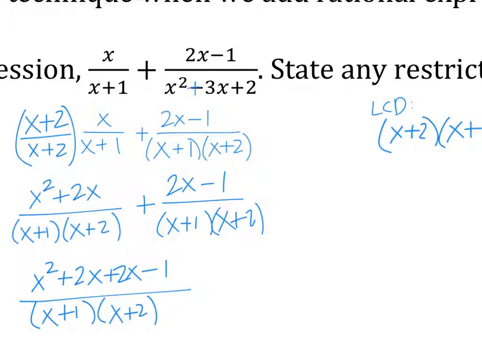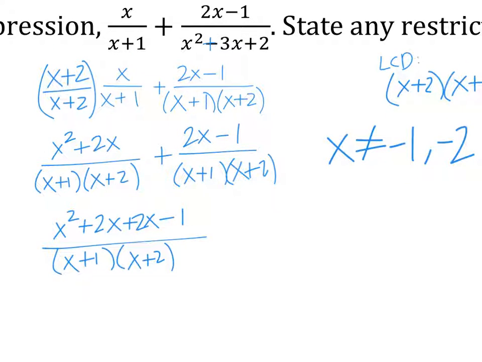From the very beginning, you should write the restriction just so that you don't forget what x cannot equal. So what does x not equal? -1, -2. Did I do this right?